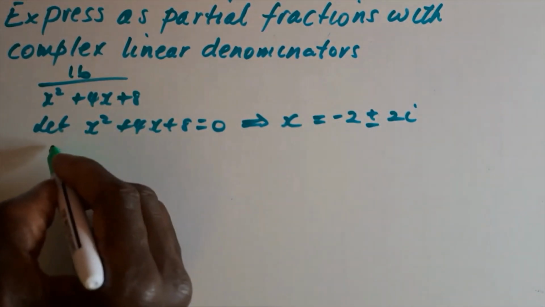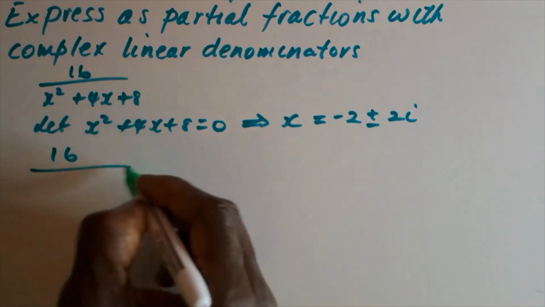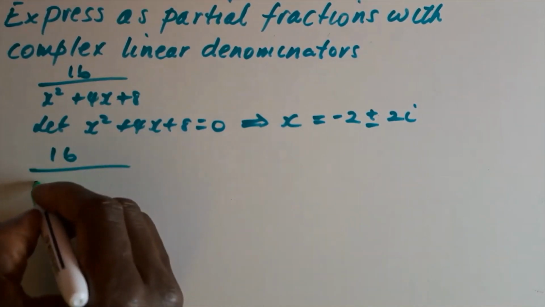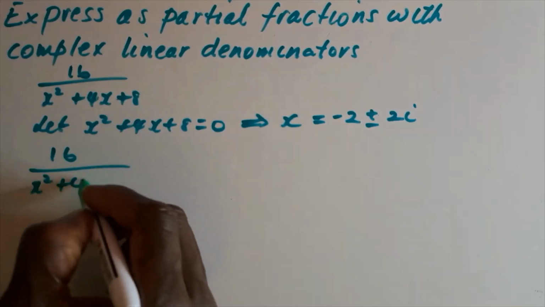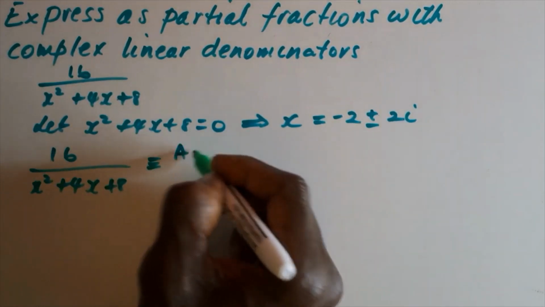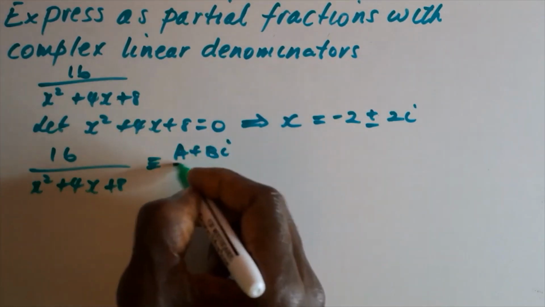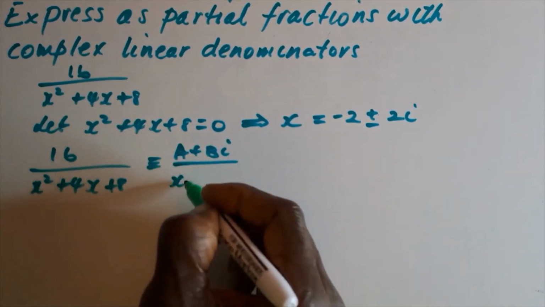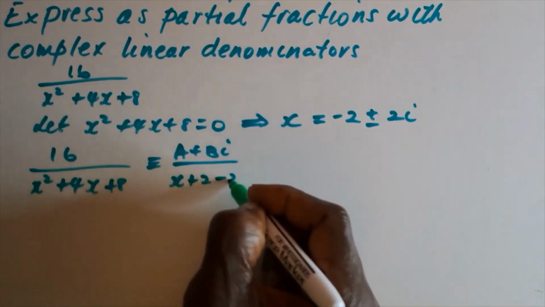Then we can write that 16 over x squared add 4x add 8 is equivalent to a add bi over x add 2 minus 2i.